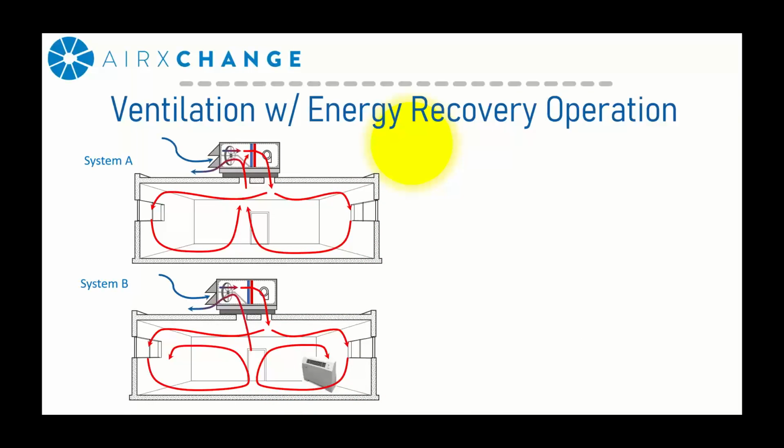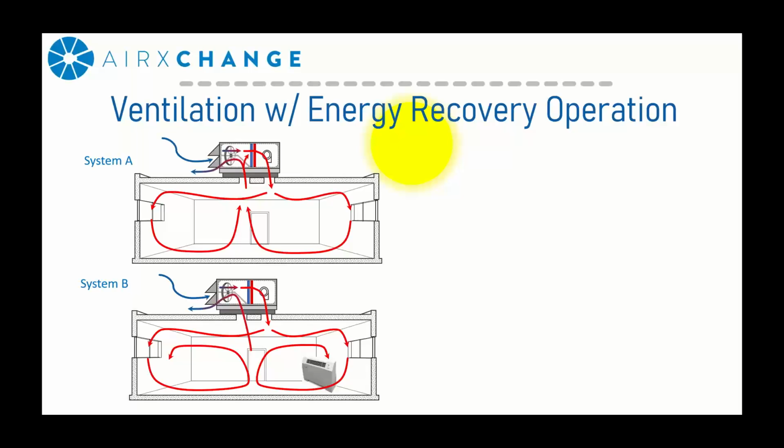Okay, kind of going into the different systems you see with energy recovery, it's very important to recognize the difference between the sources of recirculated air within the space. If the HVAC system just pumped outside air in and exhausted it immediately, it would be exceedingly costly to condition all that air.